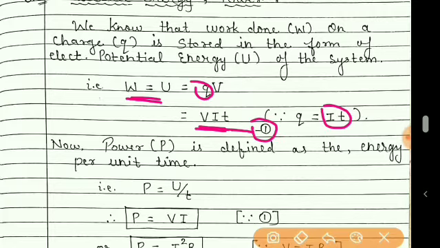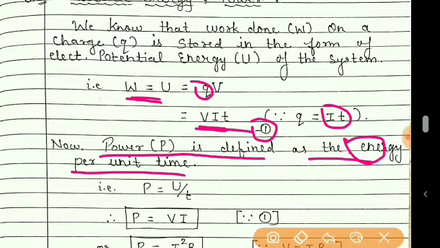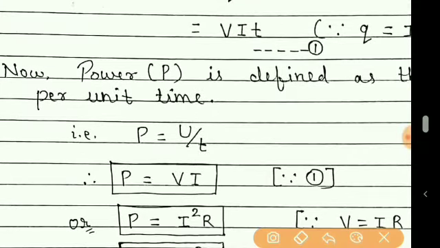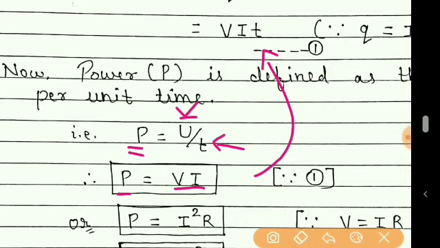Now, according to the definition of power, power is defined as the energy per unit time, or work done per unit time. So here also we have written power P is equal to energy per unit time. Now, power P is equal to V into I can be obtained from equation number 1.